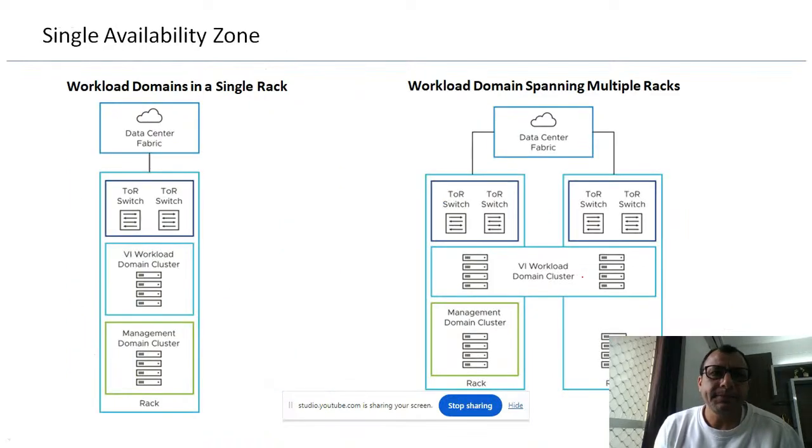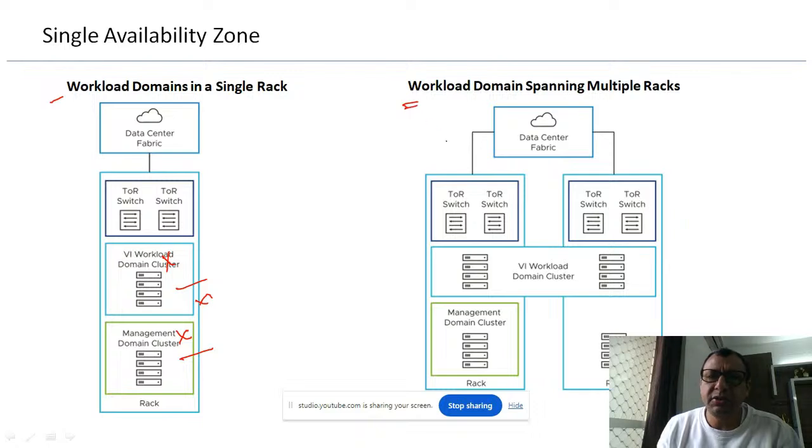From an availability zone perspective, within an availability zone, your management cluster and your workload cluster could be part of a single rack, where you are not getting rack-level redundancy. If this rack fails, maybe the entire management cluster and the entire workload domain cluster will fail. Alternatively, a workload domain can span multiple racks.